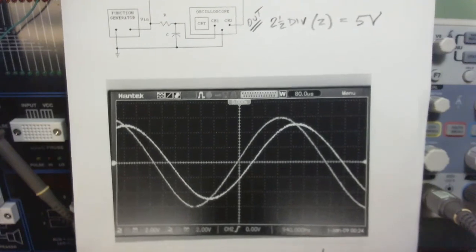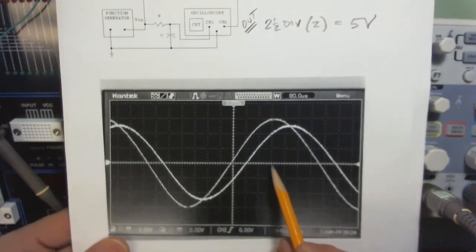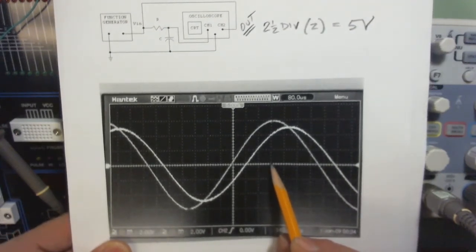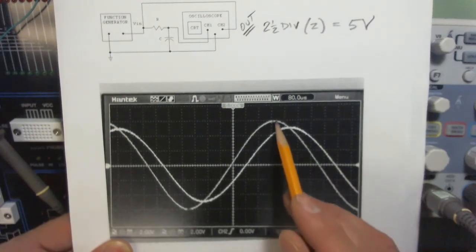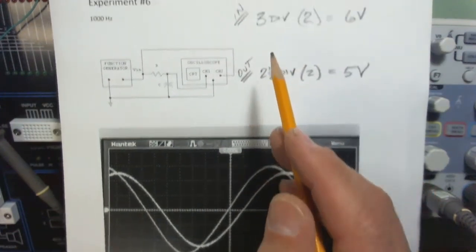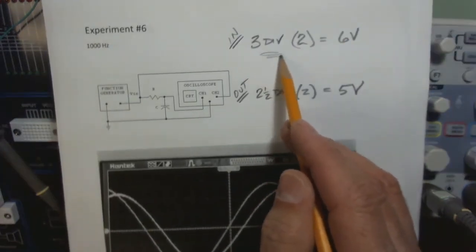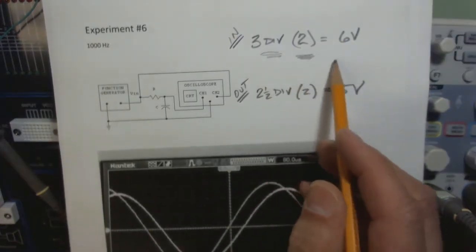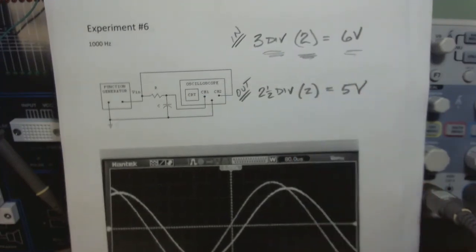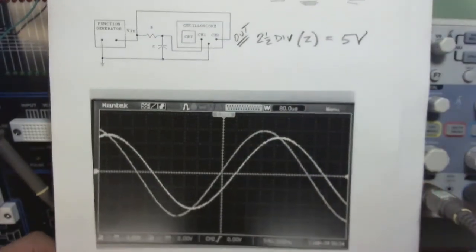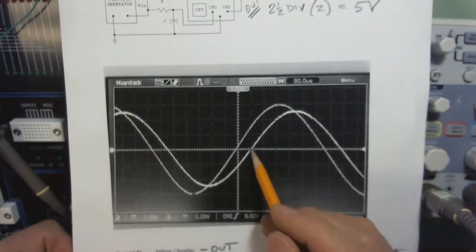So it should not surprise me that my input amplitude, which would just be from the 0 point up to here, is 1, 2, 3 divisions. So 3 divisions times 2 volts per division gives me 6 volts. Now the smaller one, the output, that's this one right here.